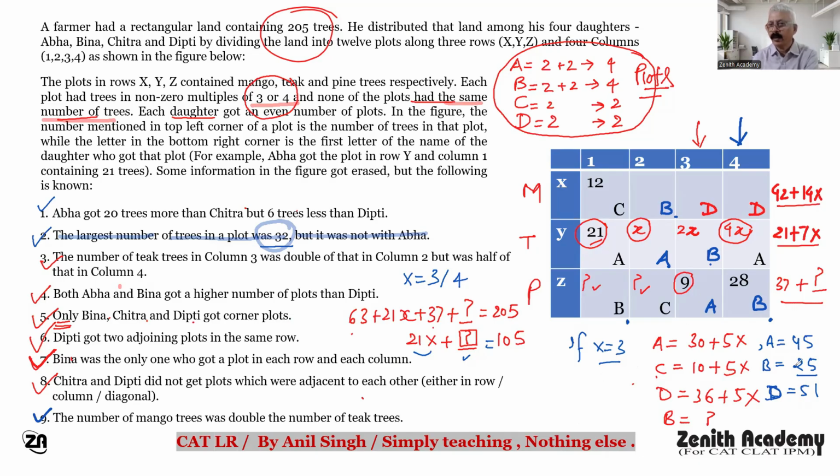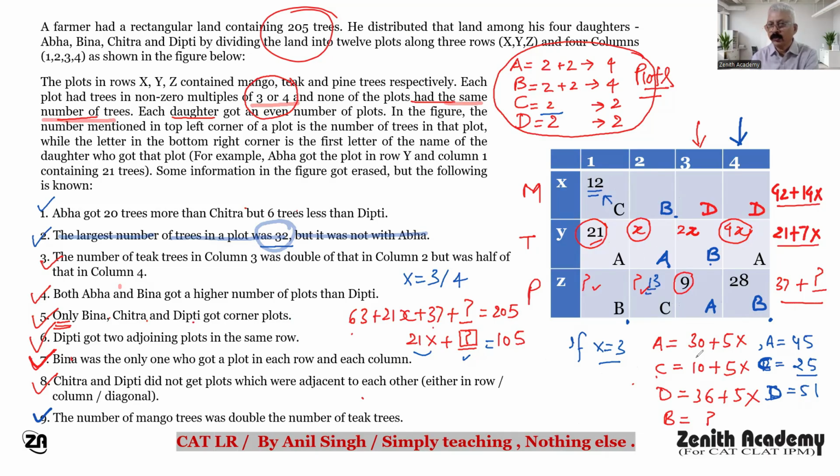And now C. Look at C. C के दो प्लॉट थे, एक ये और एक ये. इन दोनों प्लॉट में इसकी वैल्यू तो 12 दे रखी है. अगर ये C 12 है, तो फिर 12 प्लस 13 होता है 25. फिर इस केस में ये 13 होगा.